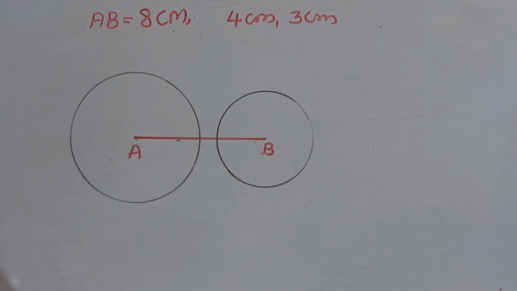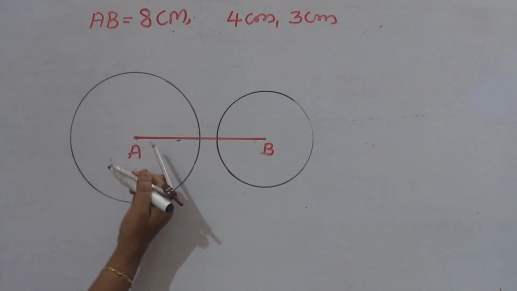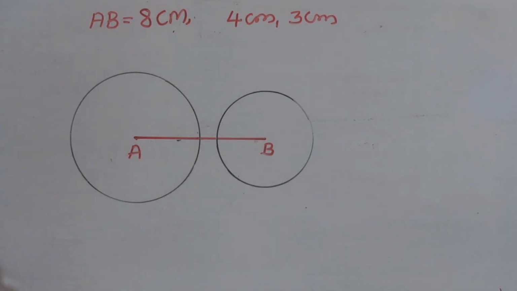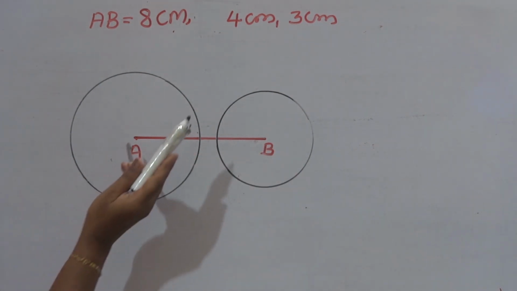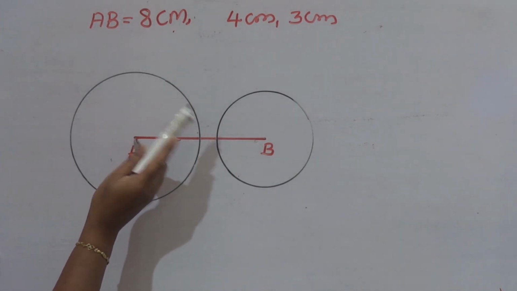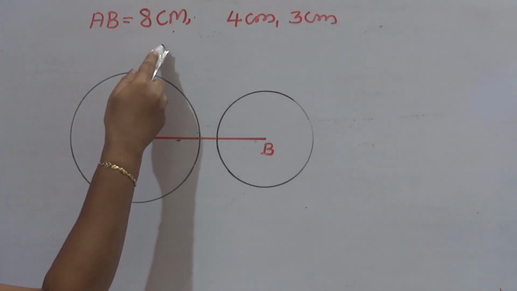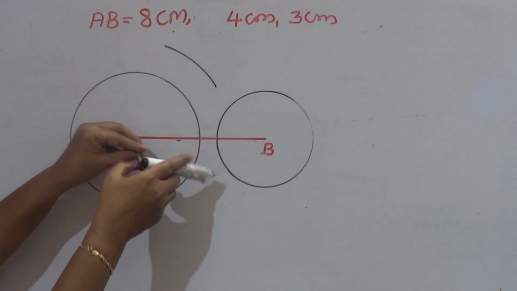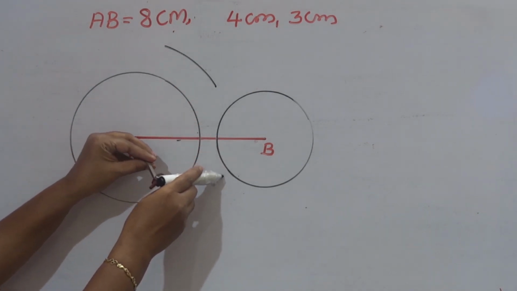To do this, first we have to find the midpoint of this line segment AB. To find the midpoint, we have to take 3/4 of this distance AB and mark the arcs on the upper and lower side of the line segment.